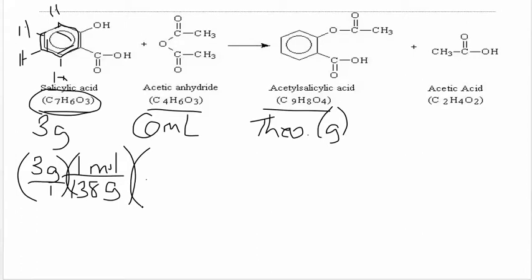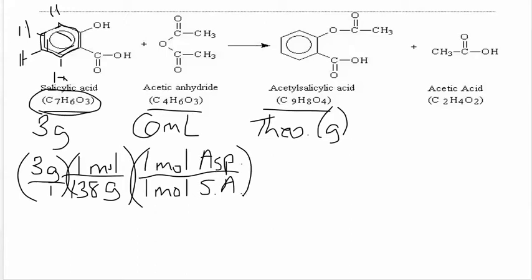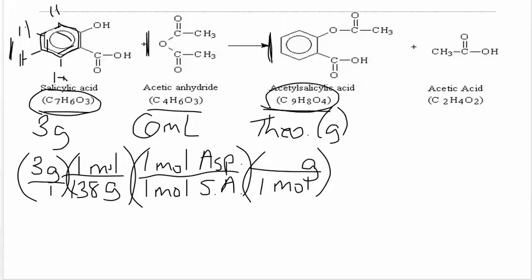Then I'm going to take the moles of salicylic acid and convert to moles of aspirin. Now these coefficients are 1 to 1 to 1, so it's 1 mole to 1 mole. Once I get to moles of aspirin, I need the theoretical yield in grams, so I need the molar mass of aspirin, C9H8O4.